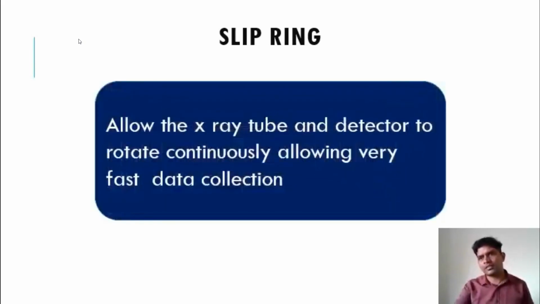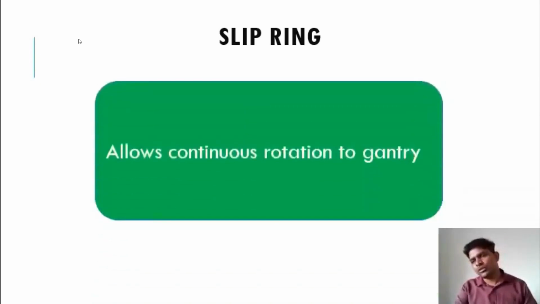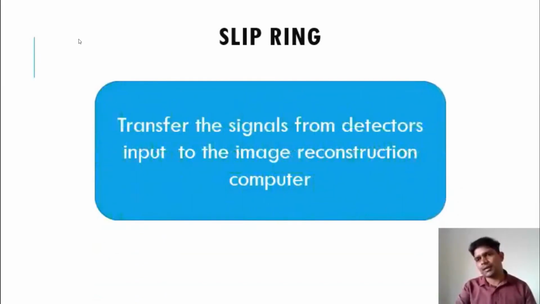It means that when something is rotating, you need no wire to rotate that ring. Different components are used to give energy continuously to that ring and allow it to rotate. So it allows the X-ray tube and detector to rotate continuously, allowing very fast collection of data. That is the benefit of slip ring technology.